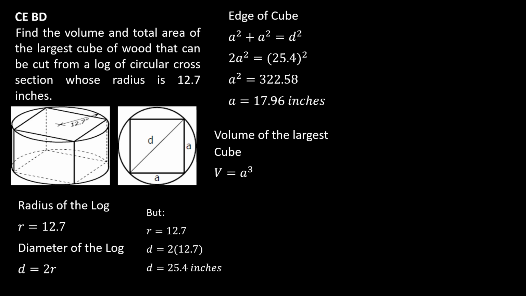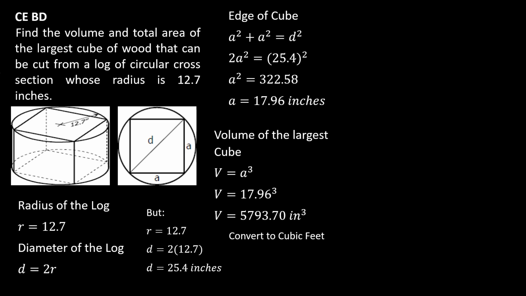All we have to do now is direct substitution. Our volume is equal to 17.96 cubed, and as we simplify, the value of our volume is equal to 5,793.70 cubic inches.